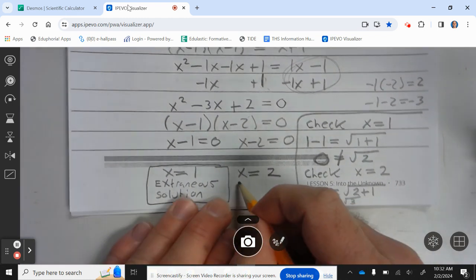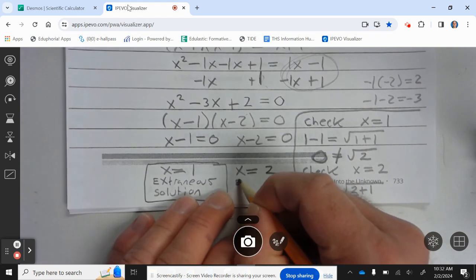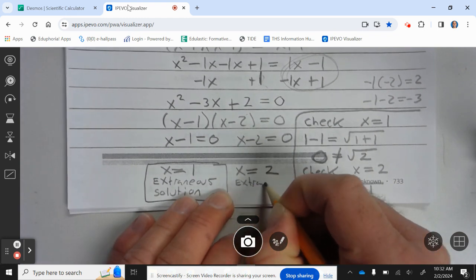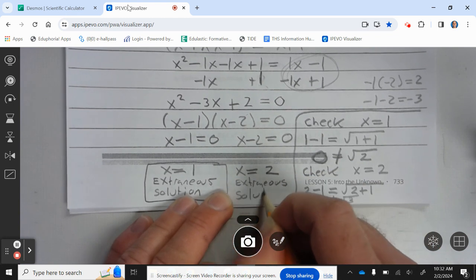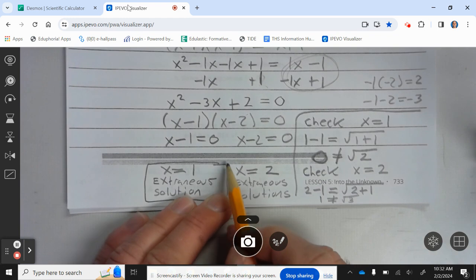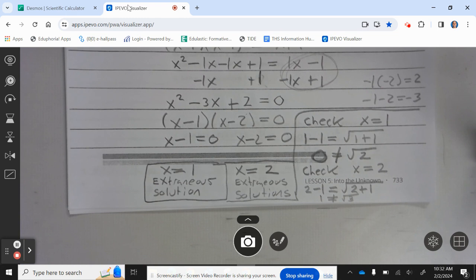So both of these answers are extraneous solutions. All right, go ahead and finish that up.